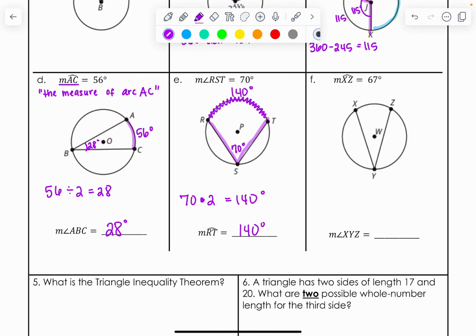Next, we see that arc XZ is 67 degrees. In order to get the measure of angle XYZ, this angle right here, we're going to have to take half. So when we divide by 2, we get 33.5. And that is that.